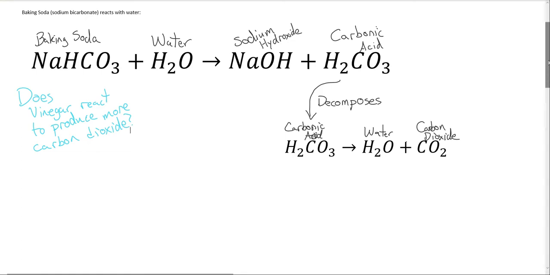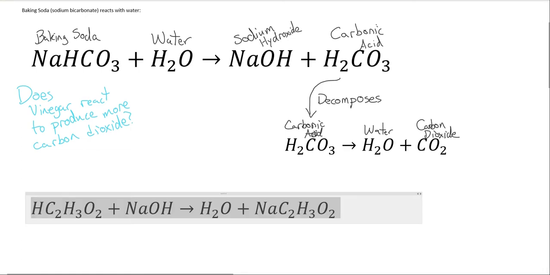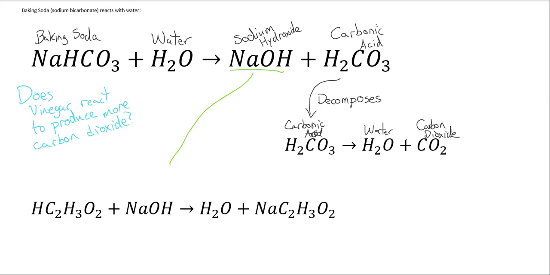Vinegar is also known as acetic acid, and acetic acid would react with the sodium hydroxide. So we'd see that our vinegar is reacting with our sodium hydroxide. And this is a neutralization reaction, and we know all neutralization reactions create a water and a salt. In this case, the salt is sodium acetate.